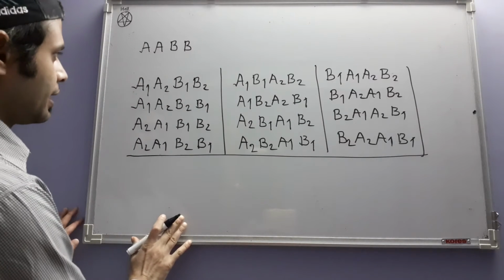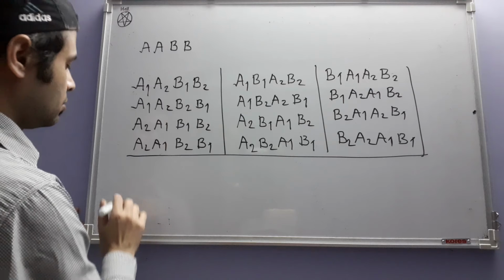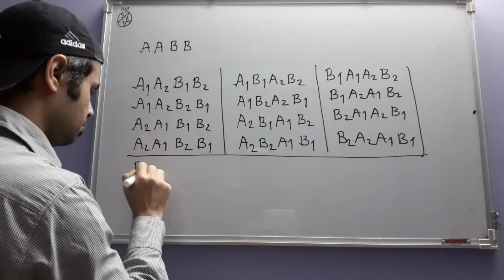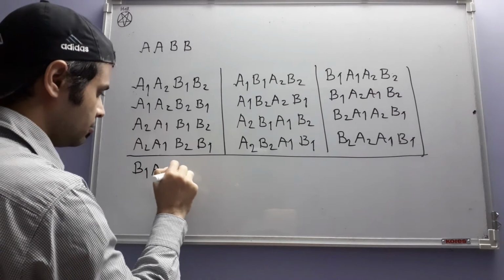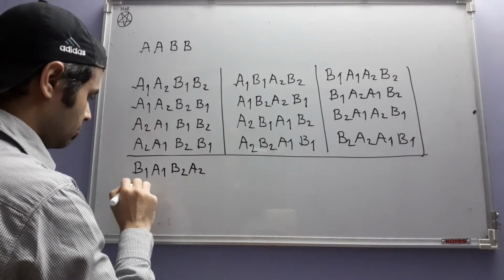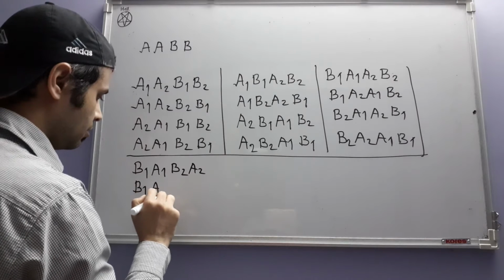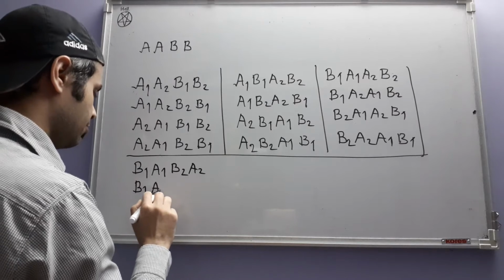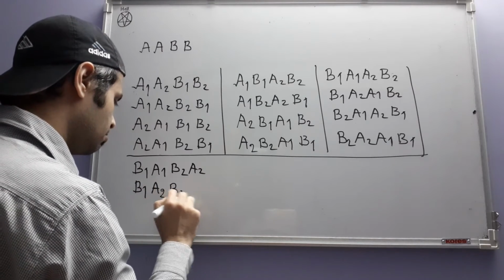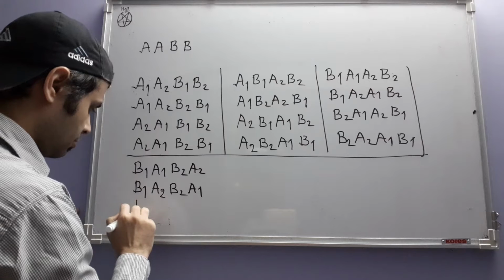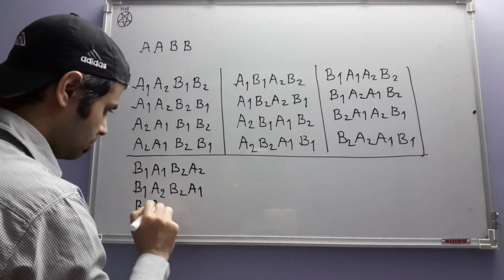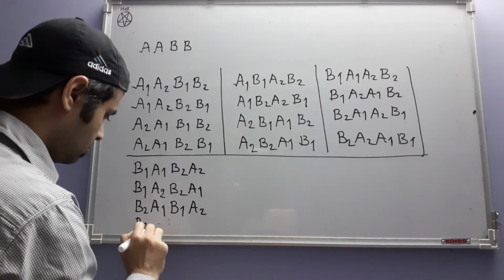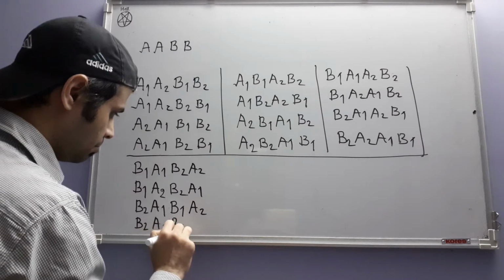Then after this, I can have B, A, B, A: B1, A1, B2, A2, then B1, A2, B2, A1, then B2, A1, B1, A2, B2, A2, B1, A1.